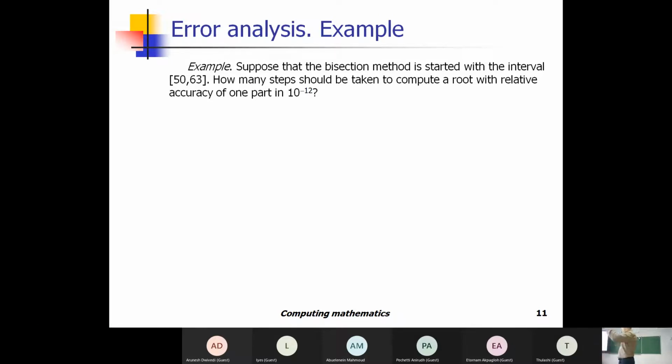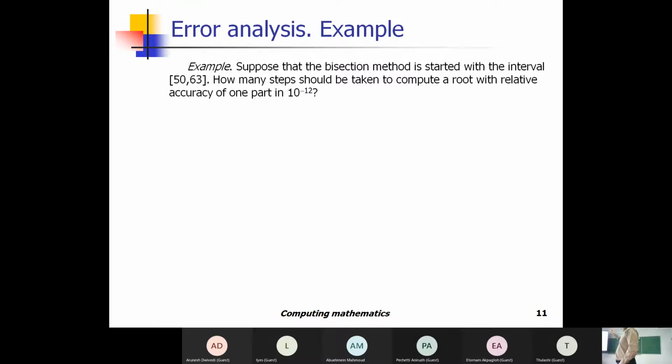Again, the initial interval is from 50 to 63. And the question is, how many steps of the method should be carried out to get the relative error 10 power minus 12?